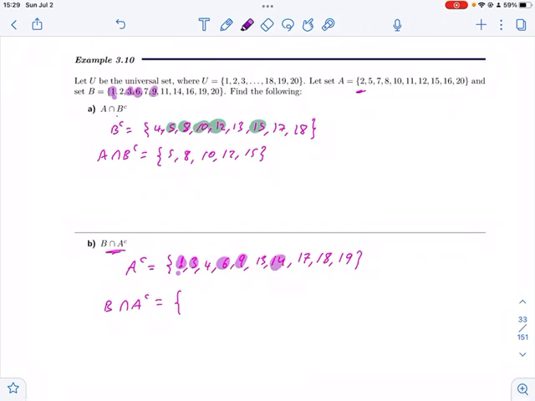So these are the common elements between B and A complement. So that's the intersection. Okay.